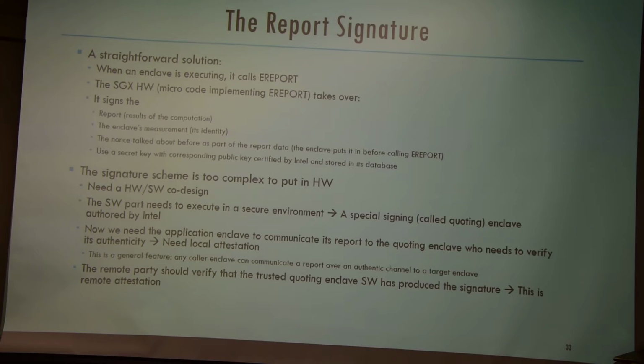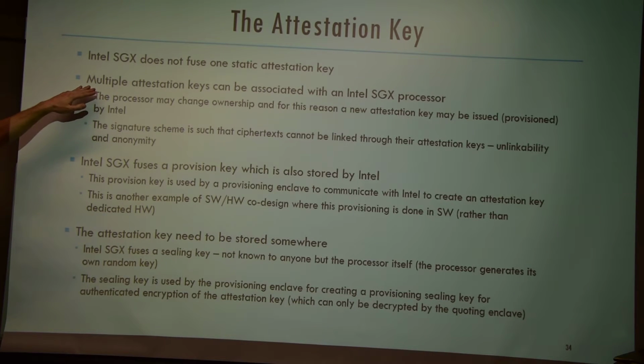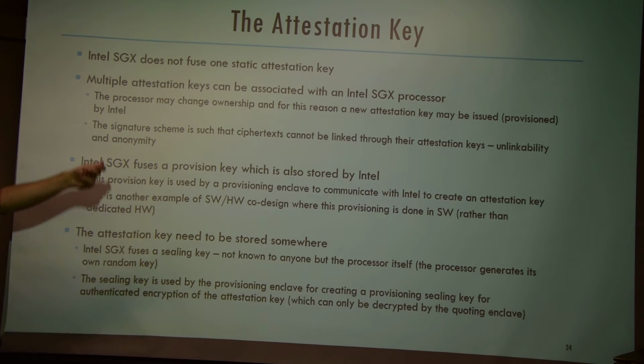So now let's have a look at the attestation key, right? Intel SGX does not fuse one static attestation key. So far we could just have worked with one key, right? But why does Intel not do this? Well, once you have multiple attestation keys that can be associated to the processor. Why? The processor may change ownership. I can sell it.